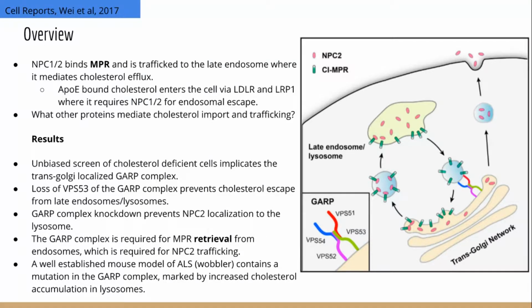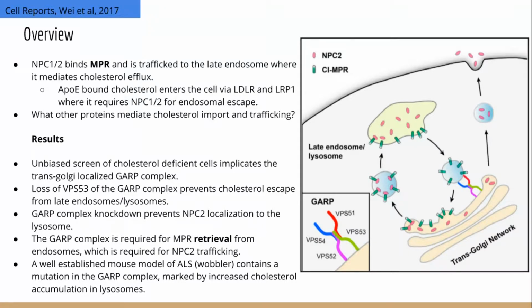And remember, MPR is required for NPC2 trafficking. So the GARP complex retrieves MPR from the endosomes and localizes MPR back to the trans-Golgi network. This action is required for NPC2 sorting because MPR mediates NPC2 localization to the endosomes.